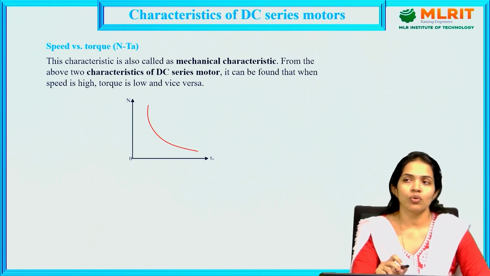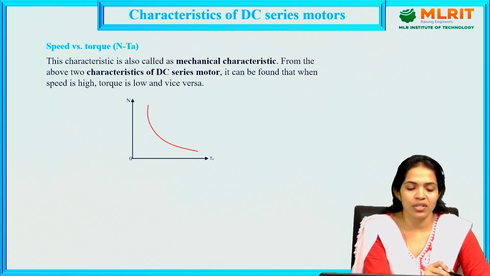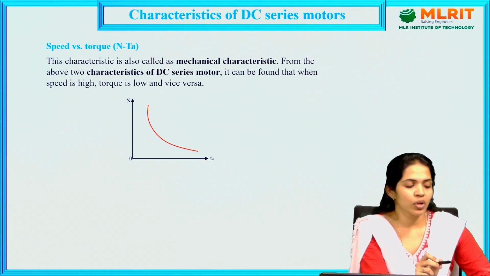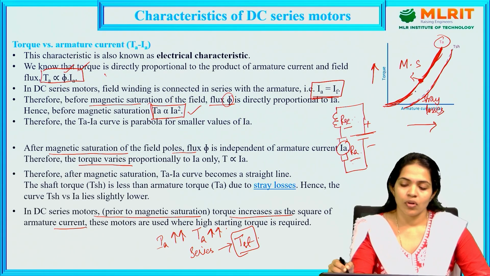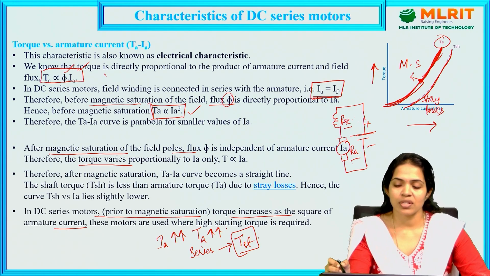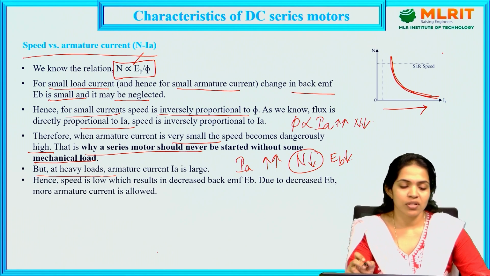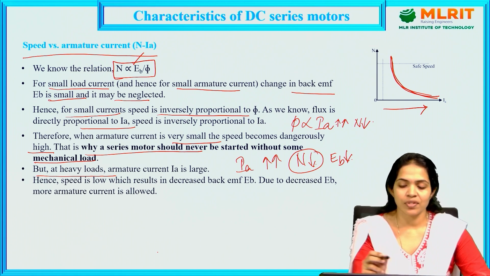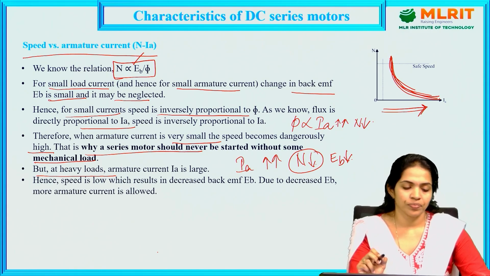Next, moving on to speed versus torque, the last characteristic of the DC series motor. From the above two characteristics, we have seen that till magnetic saturation, the torque versus Ia is a hyperbola and then it is a linear graph. For speed versus current, it is a rectangular hyperbola: as the Ia value increases, the speed slowly drops.